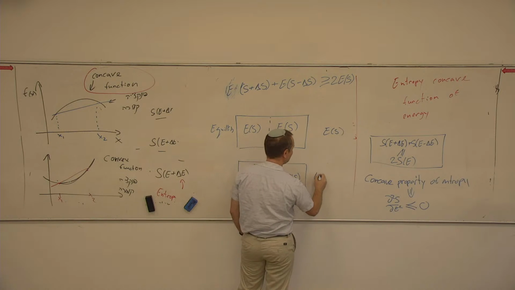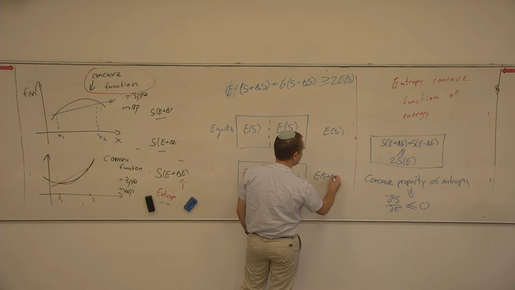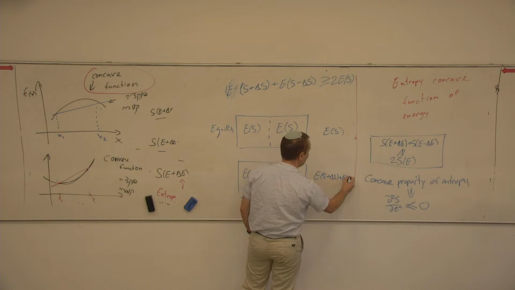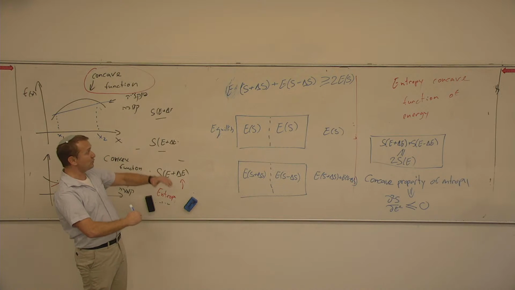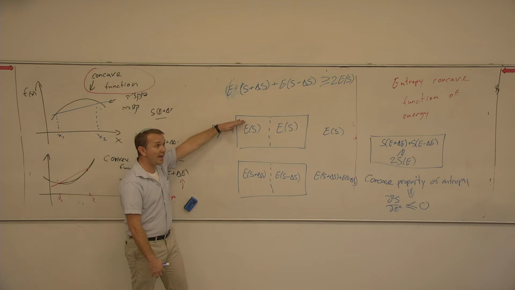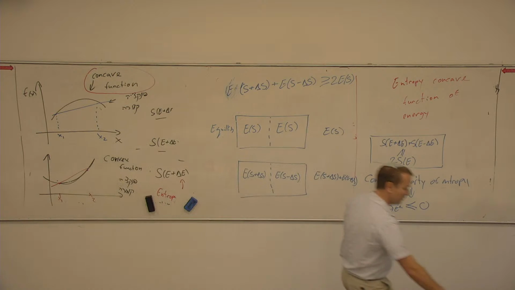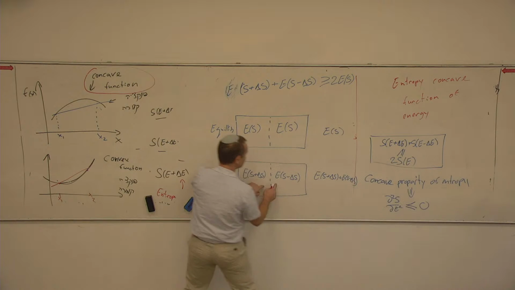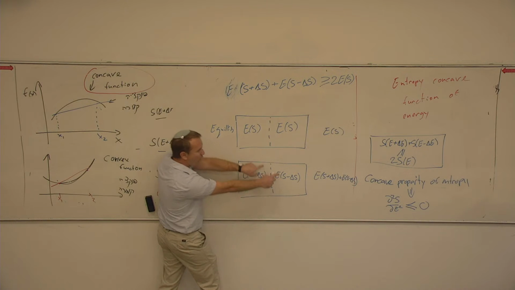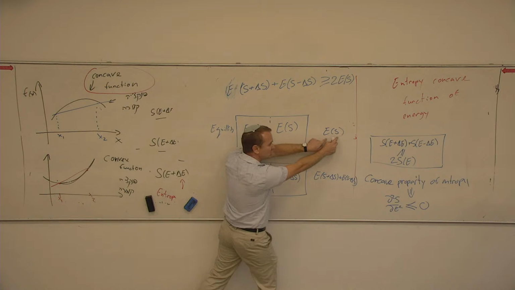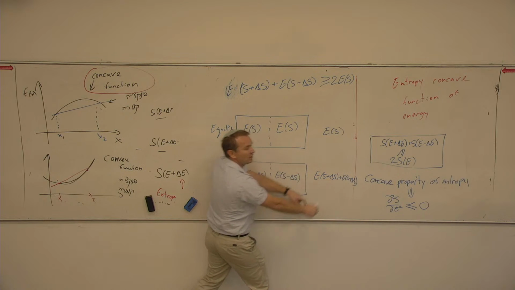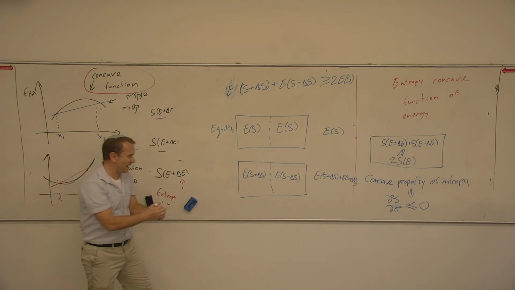Here the total energy is E of S plus delta S plus E of S minus delta S. And due to the fact that at equilibrium the energy is at its minimum, therefore the system would like to go back to its original equilibrium state, and the energy at equilibrium is always smaller than the energy that we put the system at out of the equilibrium.